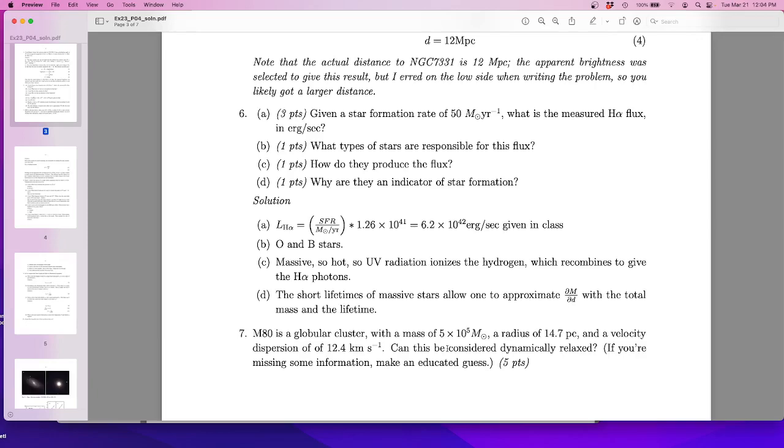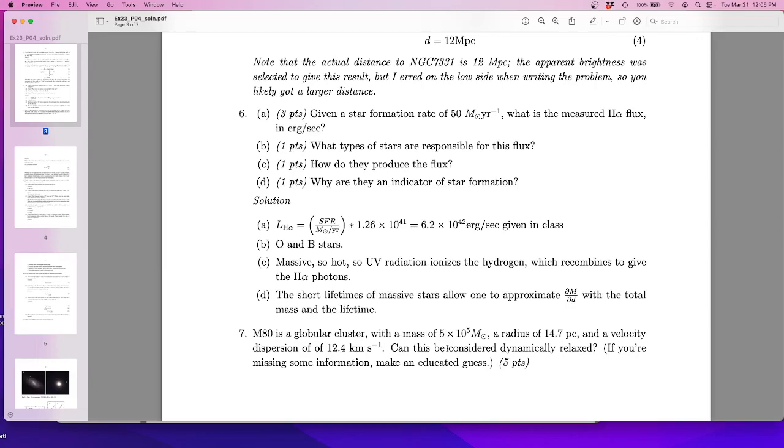The other way you can do this is the 2-body relaxation time. I gave full credit whichever answer you got. I think they're both legitimate solutions to the question, it's just a little bit more nuance. Maybe I need to rewrite the questions so that we bring out all that nuance.